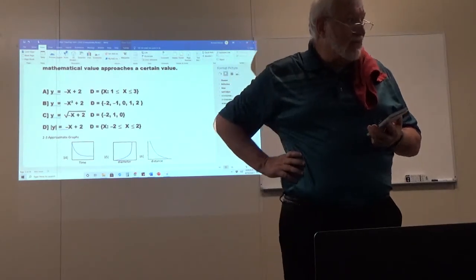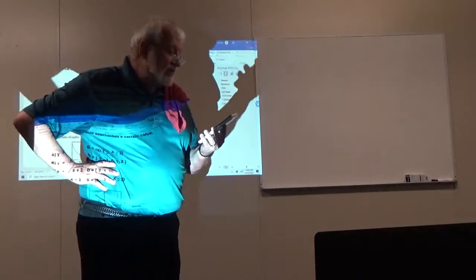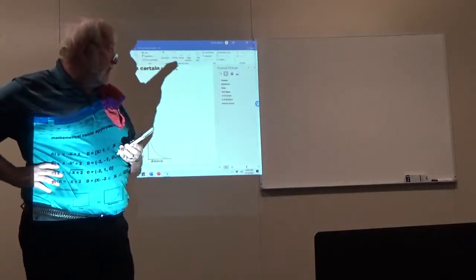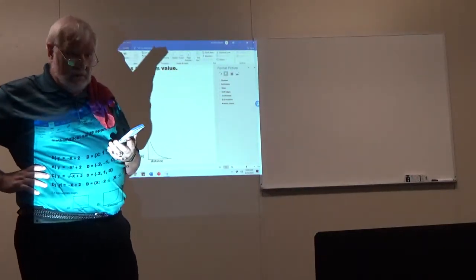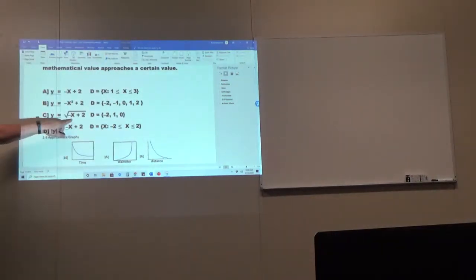What does your graph do? It starts coming down, but then why did it stop? It stops because I have a limit right here. When this value is 3, what is negative 3 plus 2?